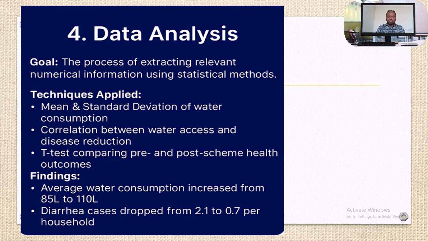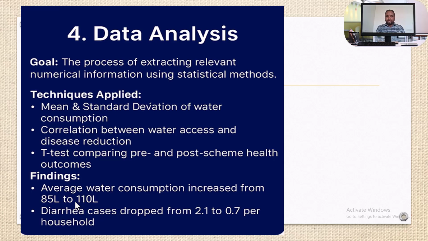At the end of the day, we can summarize findings, such as average water consumption increased from 85 liters to 110 liters, right? Diarrhea cases dropped from 2.1 to 0.7 per household. Note that this trend, 85 to 110, is a trend now.